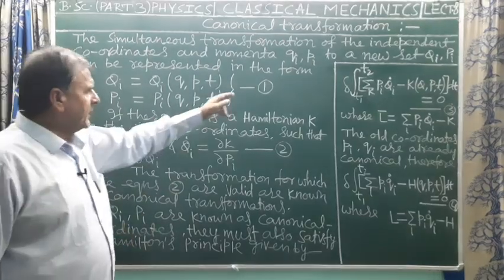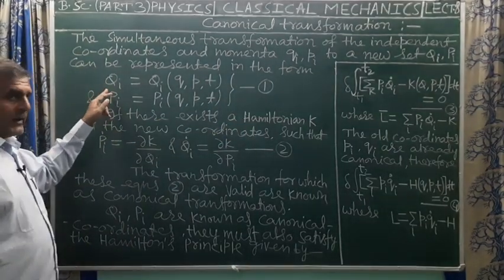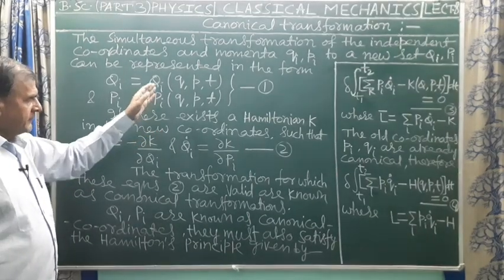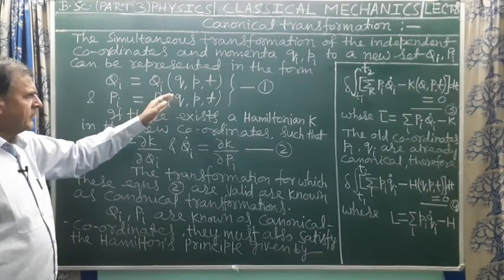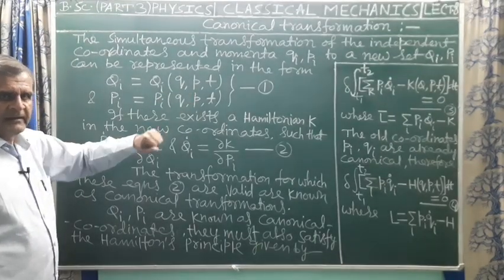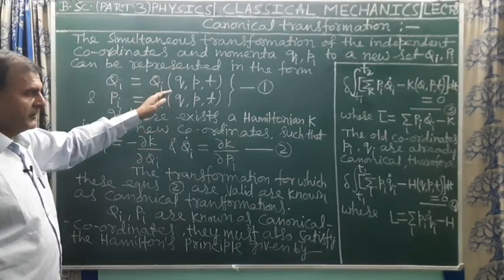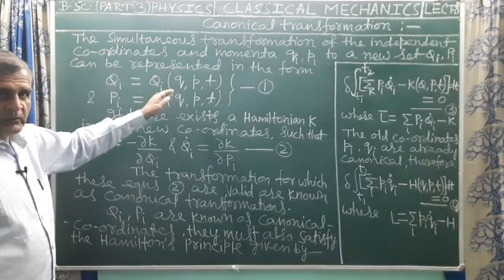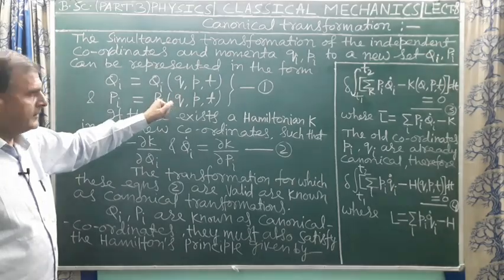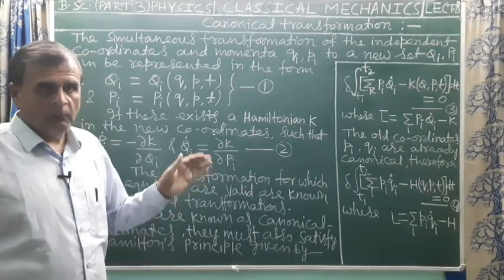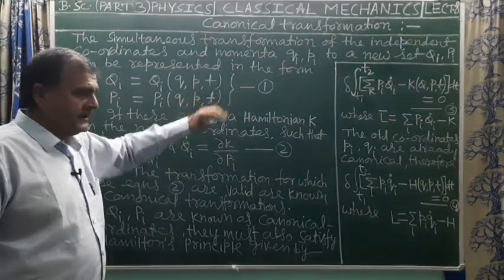given by equation 1, that is capital Qi is equal to capital Qi of small q, small p, and time t; that is, capital Qi is a function of small q, the position coordinate in the old coordinate system, small p, the momentum coordinate in the old coordinate system, and time t.